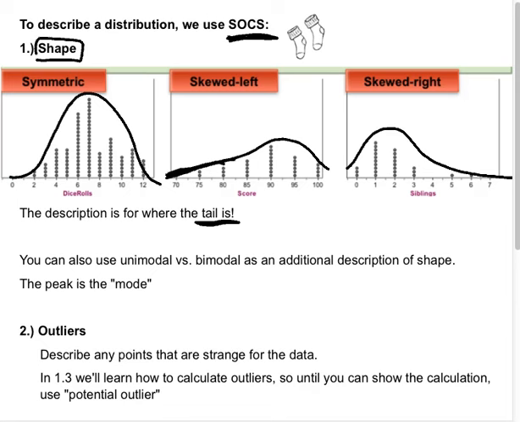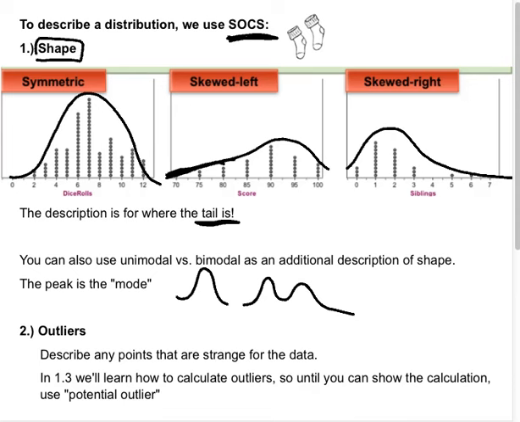Unimodal means like that. Bimodal would be something that has 2 peaks, okay? And that peak, if you recall, I don't know what grade you probably learned this in, but that's the mode, where most of the data is, okay? The most common value of the data is where the peak is, so that is the mode.